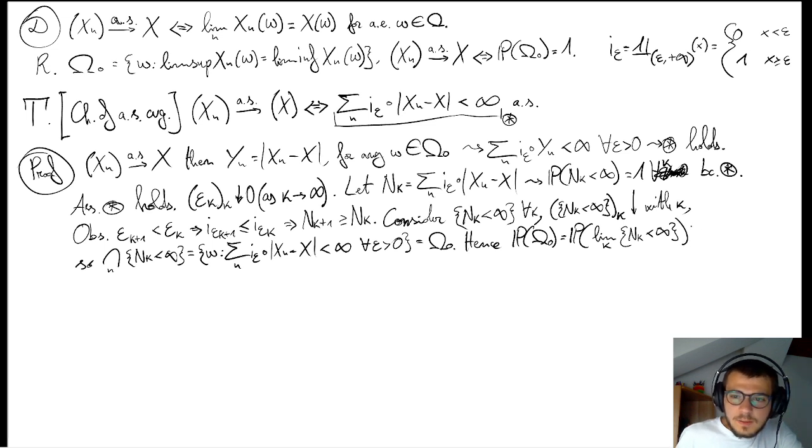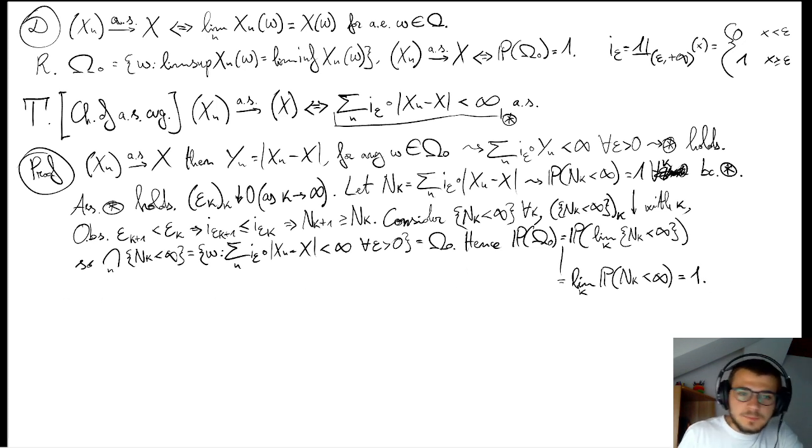And this we have now, by the sequential continuity of the probability measure P, we can say that this is the same as the limit of the probability of N_k finite, which is 1 as we have seen.